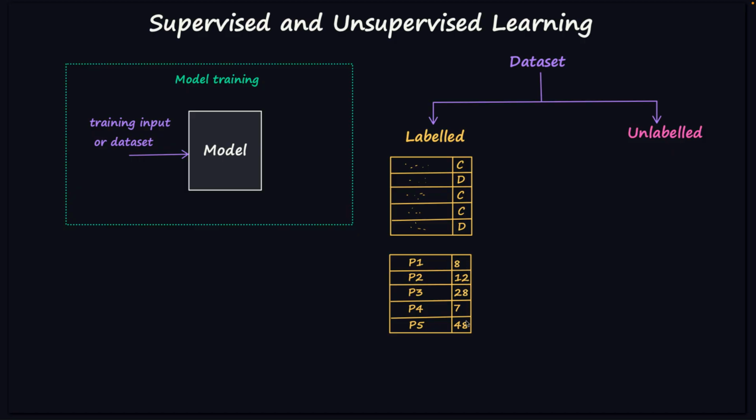So we have their age, and this is what we are trying to predict once the model is trained. Okay, so basically the idea is we have data and we also know what is the expected outcome if this data is fed into a model once the model is trained. So this type of data set is called labeled data set.